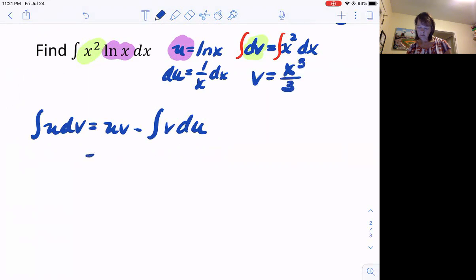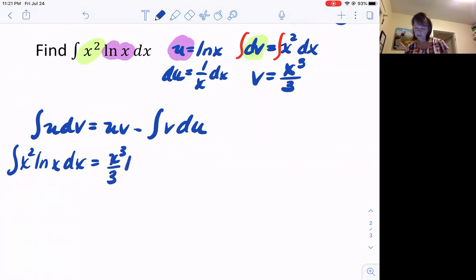Plugging in then, we have the integral of x squared ln of x dx is then equal to uv. So I'm going to put the x cubed over 3, the v, out front, times ln of x, just using the commutative property.